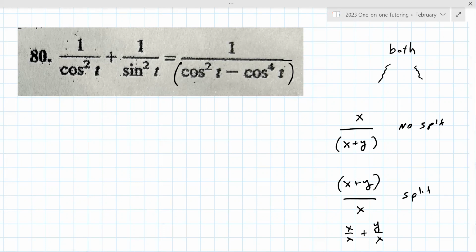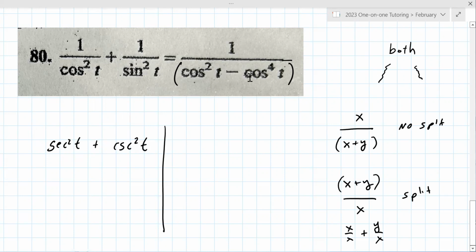Well, these are all like 1 over cosine, 1 over sine. So can't the 1 over cosine squared become secant squared? Yes. So you can work on the left. So secant squared t plus cosecant squared t, okay? And there's no identity for that, so you're at sort of a standstill.